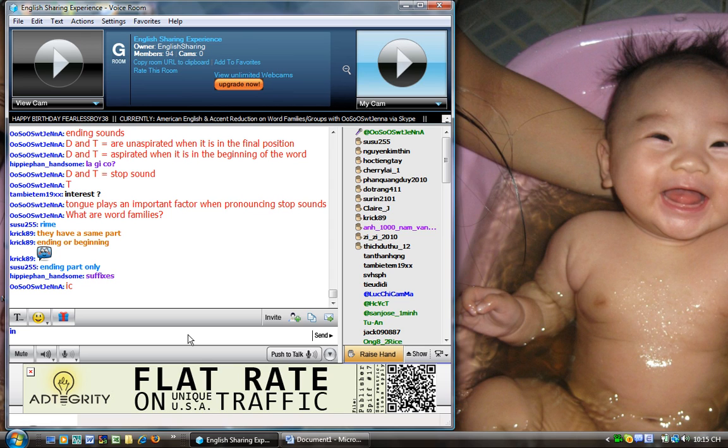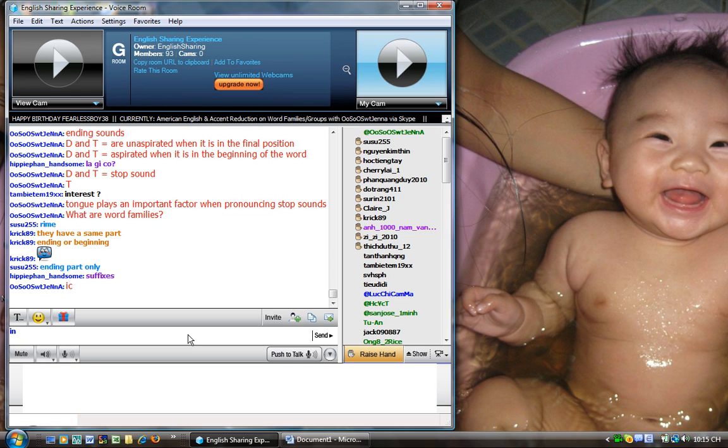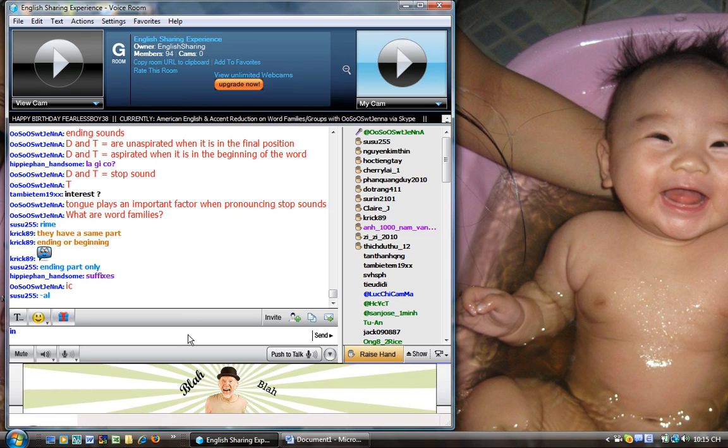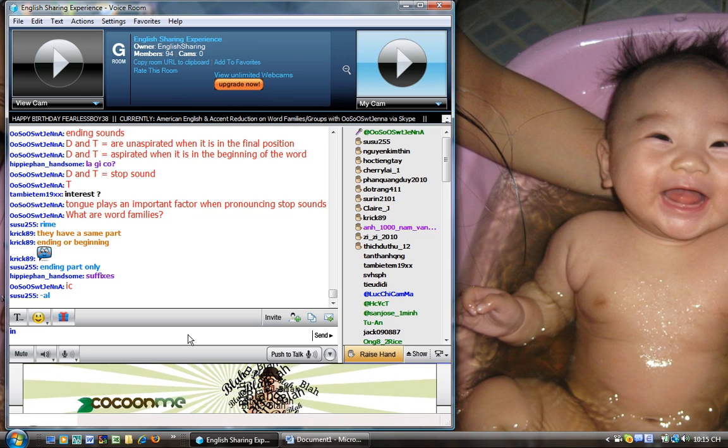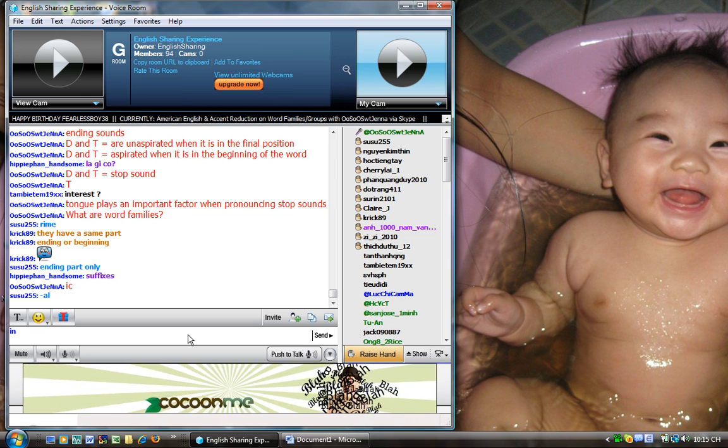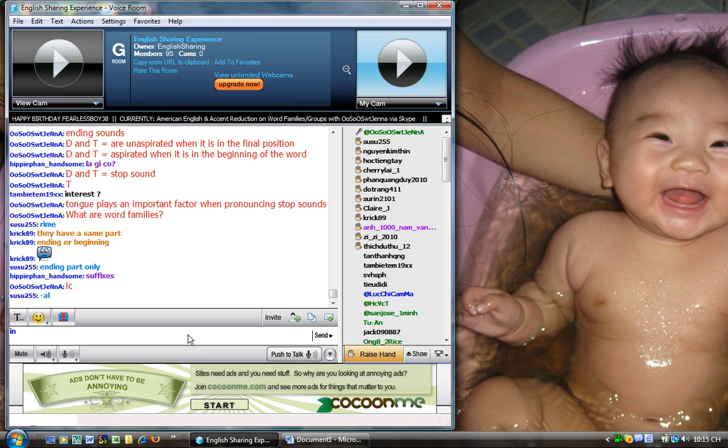Suffixes are like -ick. Suffixes have meaning, okay? Prefixes and suffixes have meaning. Ugh, I can't say that word this morning, okay? They have a meaning to them, right? But word families do not have a meaning. They're just groups of letters that are put together to create similar features and a pattern.